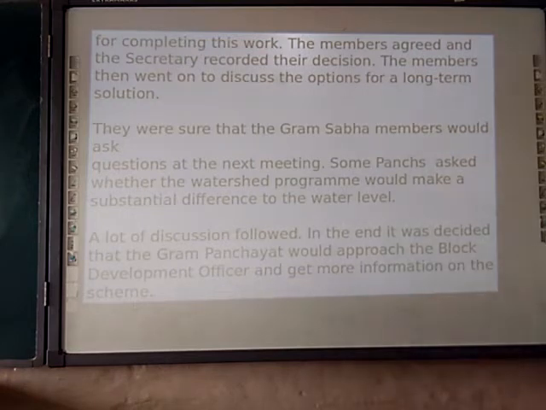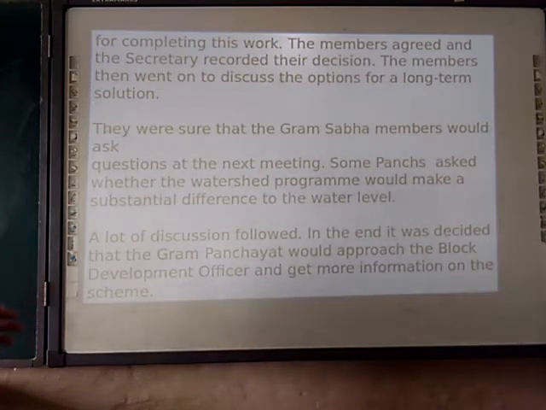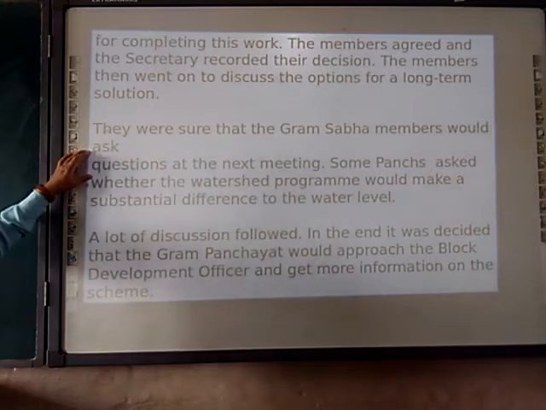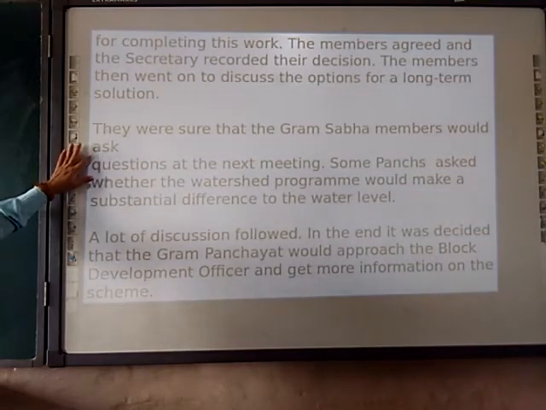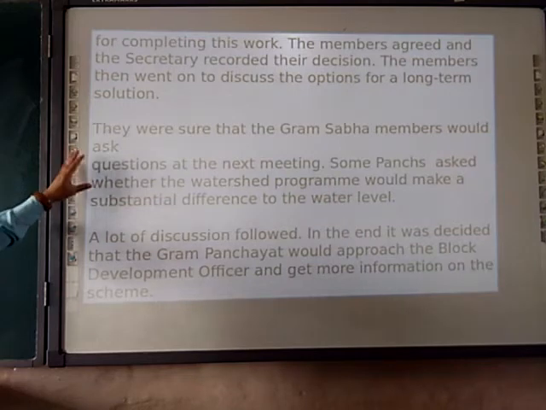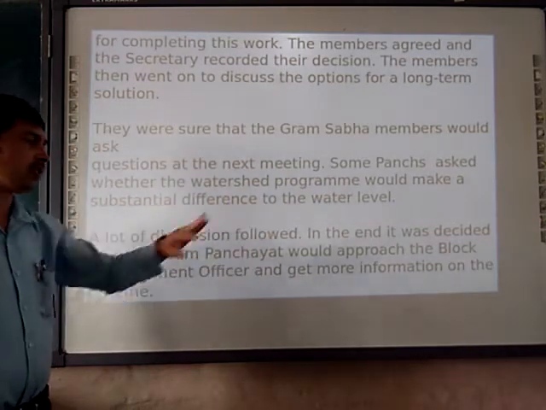So the members agreed and the secretary recorded their decision, and the members then went on to discuss the option for a long-term solution. They were sure that the Gram Sabha members would ask questions at the next meeting. Some Panchs asked whether the watershed program would make a sustainable difference to the water level.